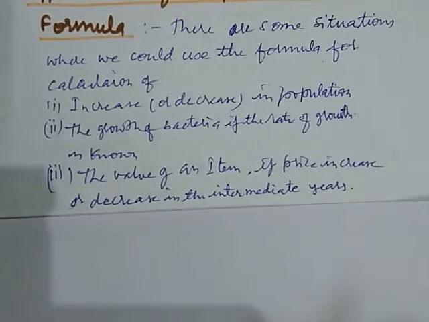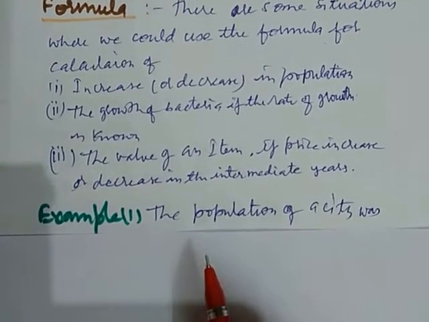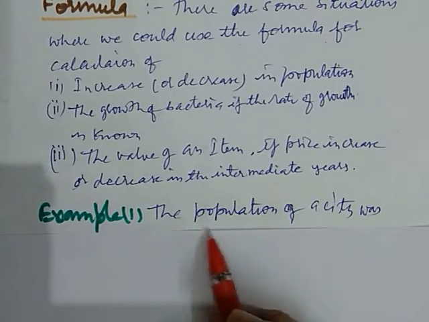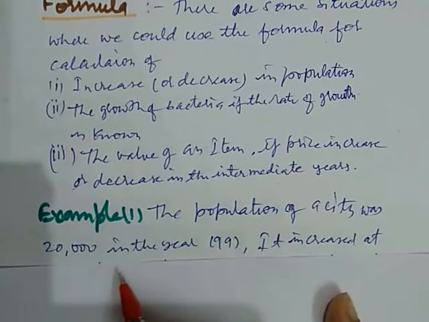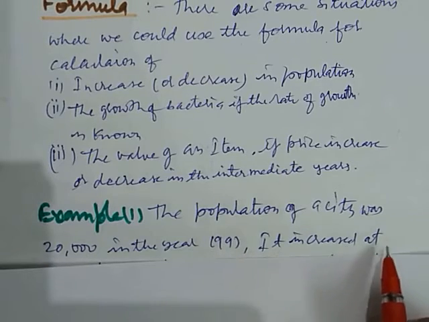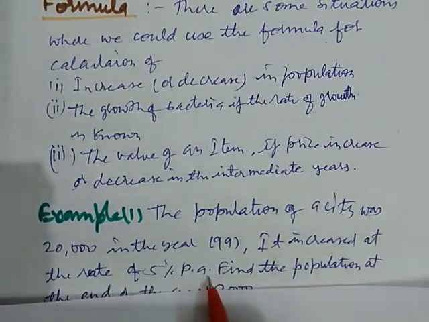So now we take some examples to learn the formula. The population of a city was 20,000 in the year 1997. It increased at the rate of 5% per annum.